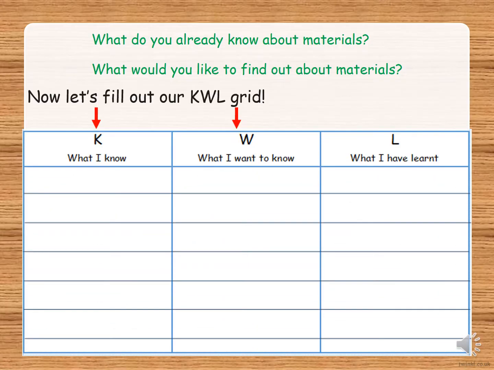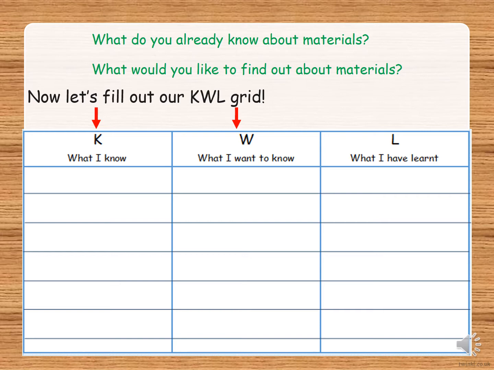Okay. So now we are going to have a look at our KWL grid. And as you know, at the beginning of a topic, we always complete a KWL grid. And the K in KWL stands for what I know. So that's when you tell me all the different things you know about the uses of everyday materials.